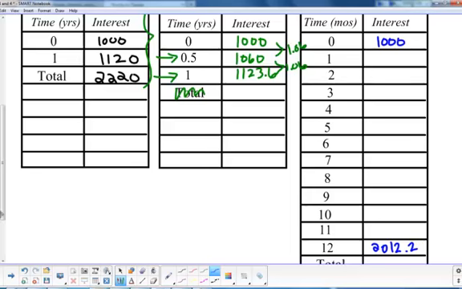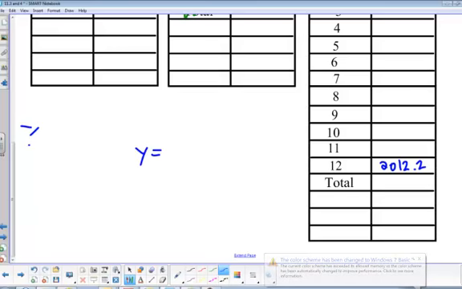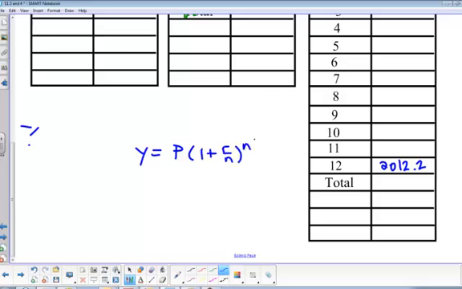But the easier way to do this is to work with the formula. Y equals P times 1 plus R over N to the NT. So the principal being $1,000, compounding at 12%, 12 times a year for 1 year.